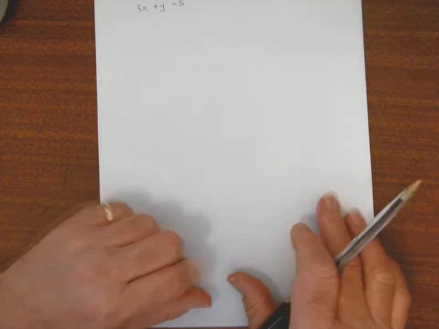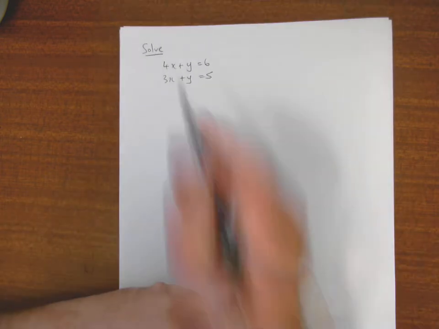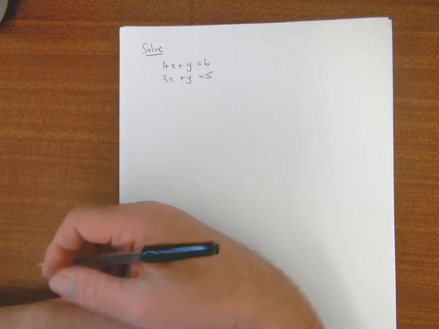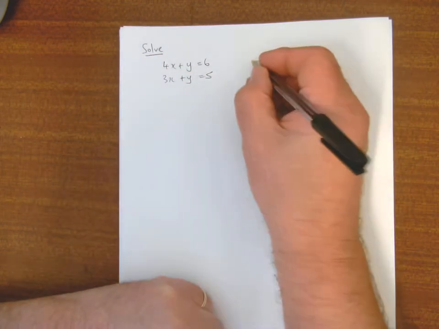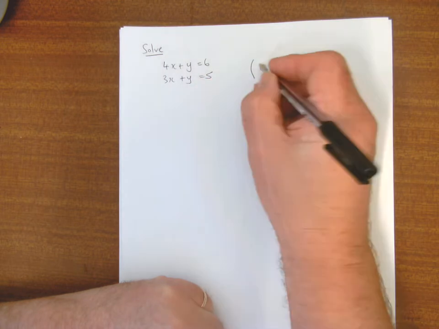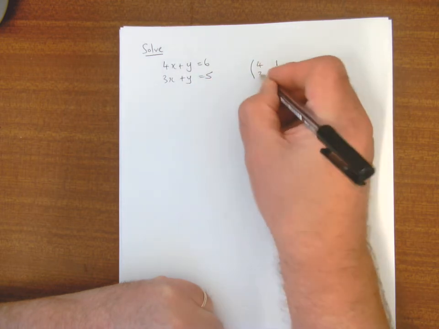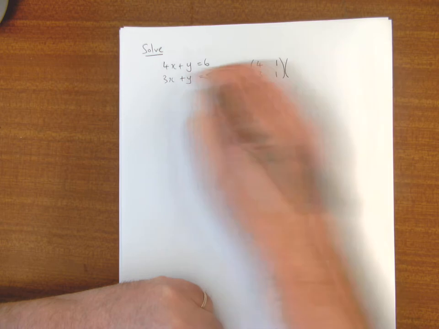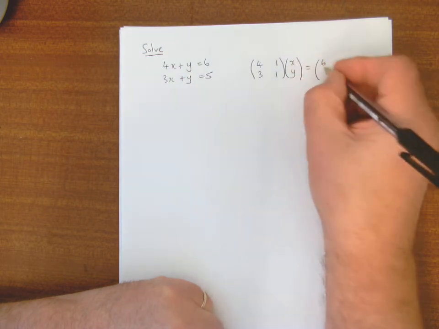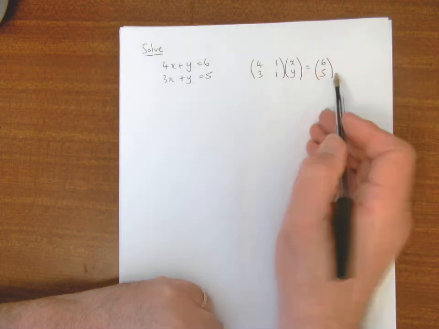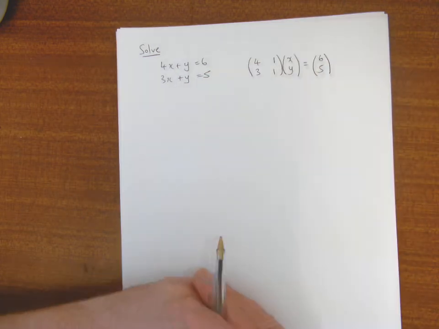Okay, application of this then is to solve pair simultaneous equations, and then I can rewrite these equations in matrix form. So if I take the coefficients of x and y, so that'll be 4, 1, 3, 1. If I operate that on x, y, that would equal 6, 5. So that's the matrix equivalent of those equations.